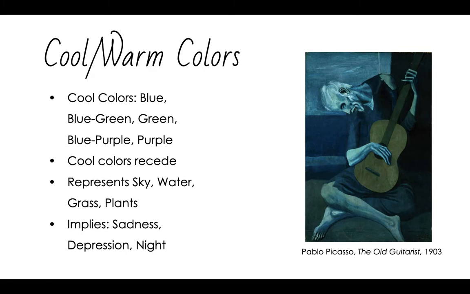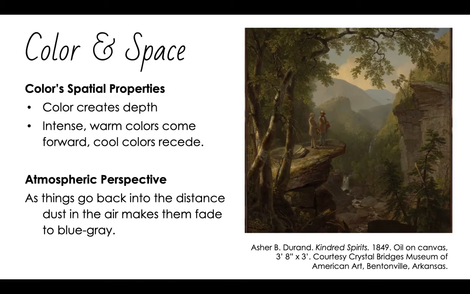This painting, The Old Guitarist by Pablo Picasso, made in 1903, has a somber mood, and cool colors often are used to represent the sky, water, and imply sadness, depression, or a night scene.